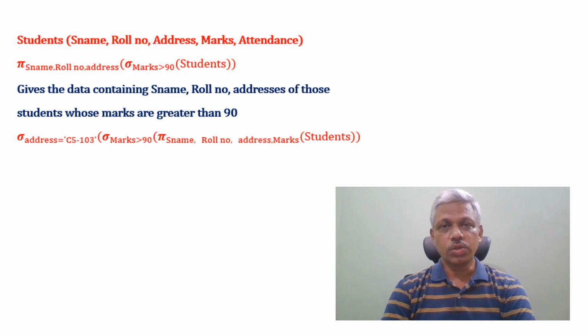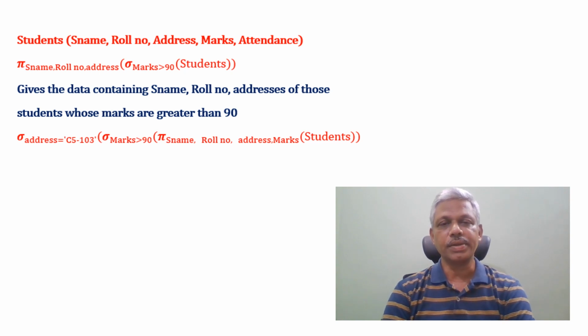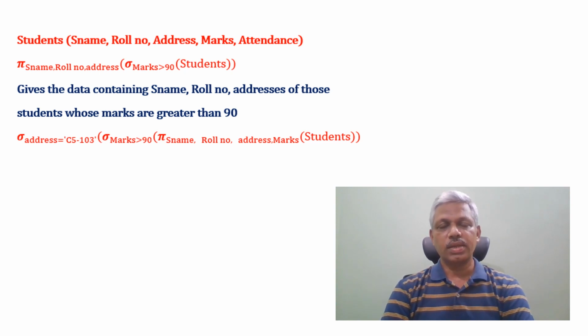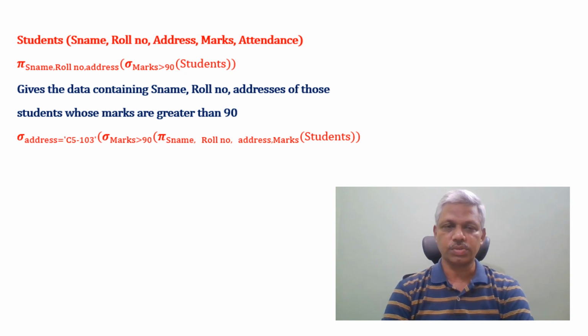First, we select only those rows from the students table where the marks column has a value greater than 90. Once those rows are selected, from those rows only the columns S name, roll number, and address will be given as an output. So if we describe it in English, it is equivalent to saying: give the S name, roll number, and address of those students who got more than 90 marks.